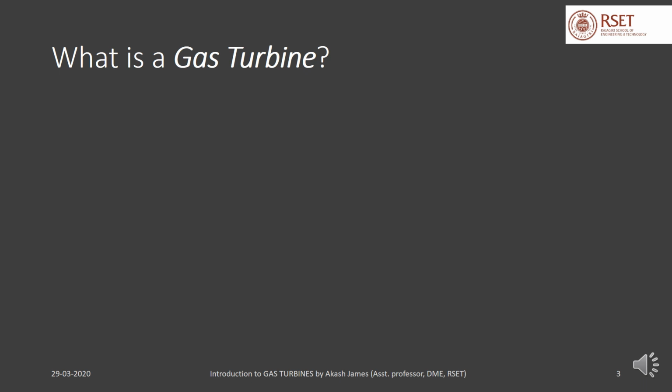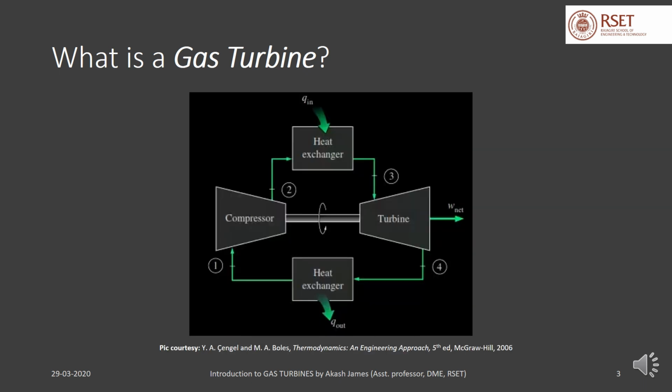Coming to a gas turbine power plant, this is the schematic of a simple closed cycle gas turbine power plant. Here gas enters the compressor and gets compressed to a high pressure state. Heat gets added to the working fluid, or the gas, in a heat exchanger. The heat source commonly is combustion of a fuel.